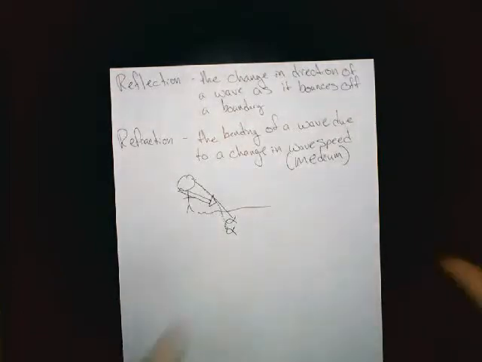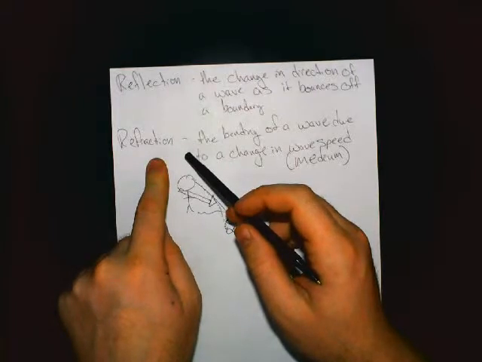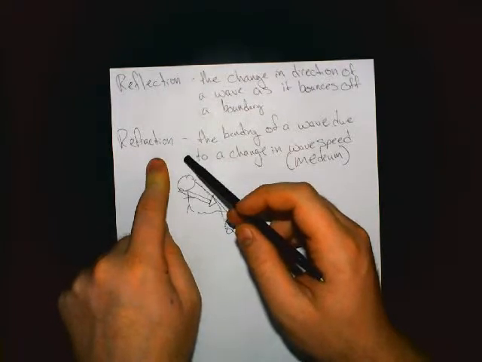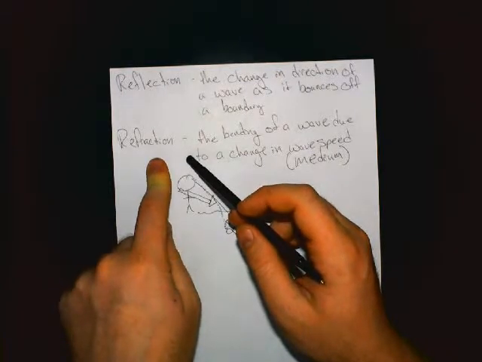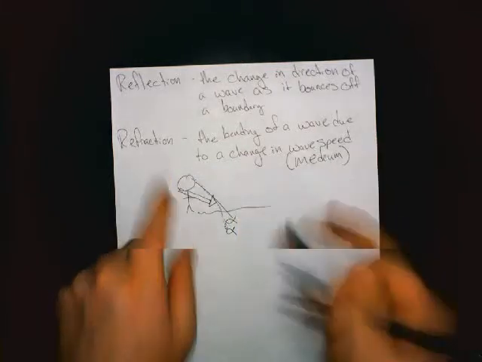Also, refraction. This is your eyeglasses. This is your contacts. As the light passes through your glasses, it changes wave speed. Therefore, it refracts and bends to adjust to your eyes.